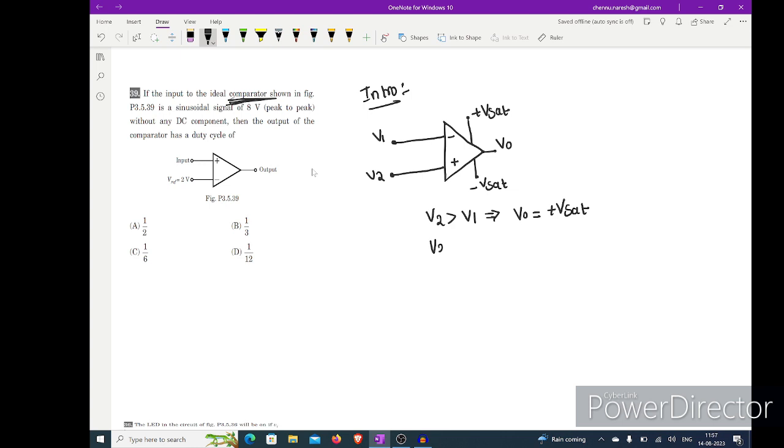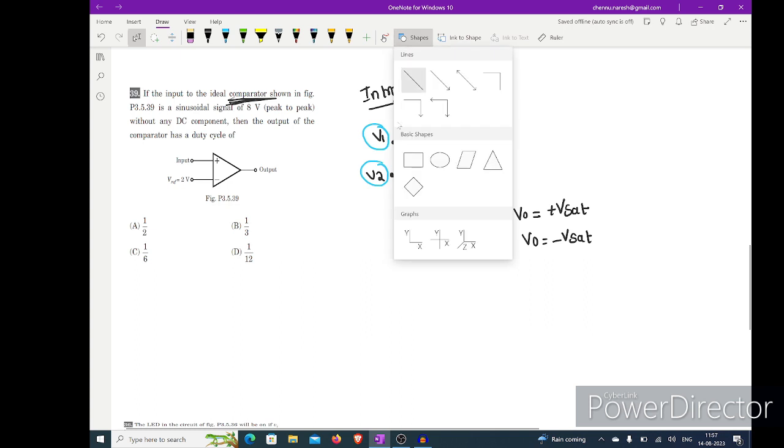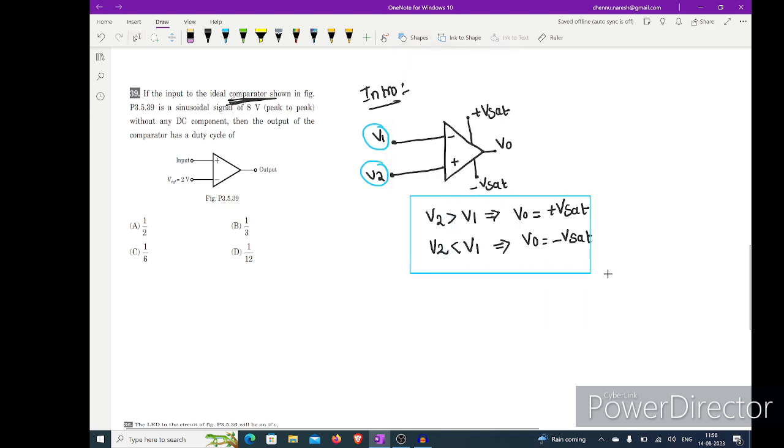When V2 is less than V1, that means the voltage at the non-inverting terminal is less than the inverting terminal, in that case we will get the output equal to minus Vsat. So this V1 and V2 can be anything, whether it is 2 volts or 0 or sin omega t. This is the main concept when you apply the open loop configuration of the OPAMP.